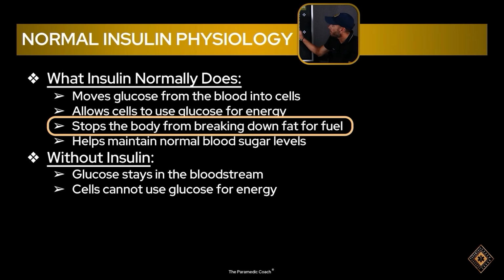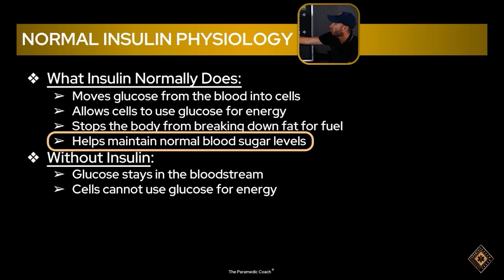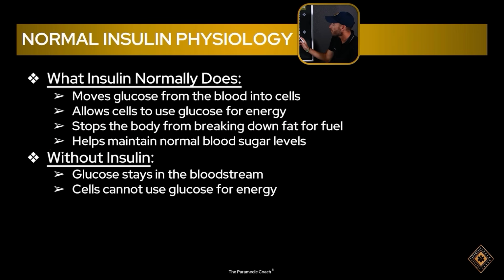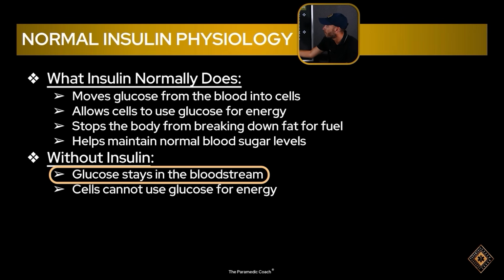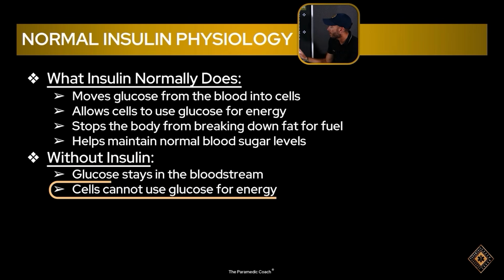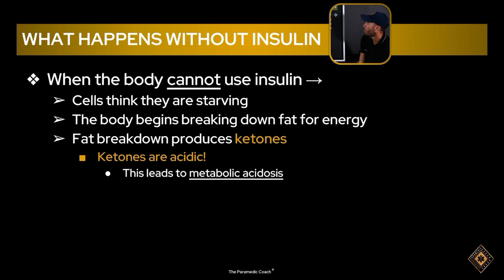Insulin also stops the body from breaking down fat for fuel, and it helps maintain normal blood sugar levels. Without insulin, glucose stays in the bloodstream, and cells cannot use glucose for energy. And they don't like that, okay? So let's explain what happens.